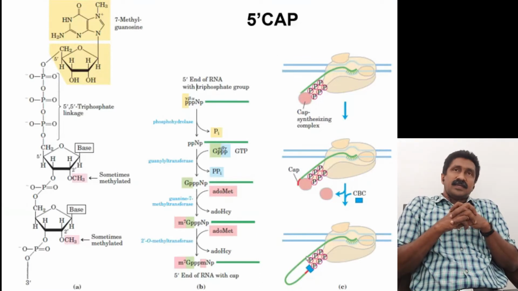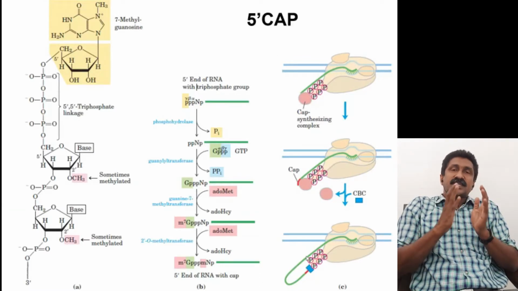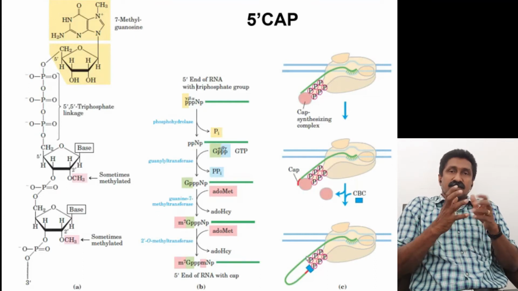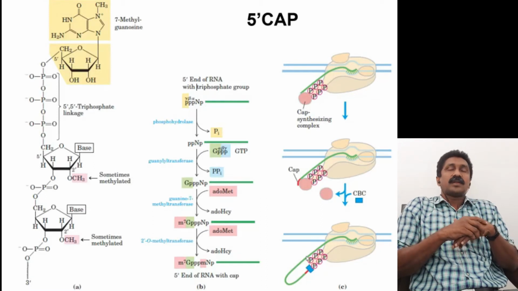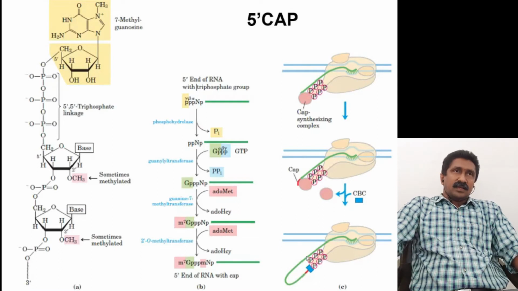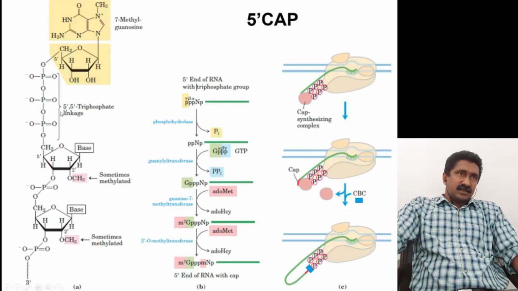So here we have the 5' capping process, which is a major event occurring in the post-transcriptional modification.